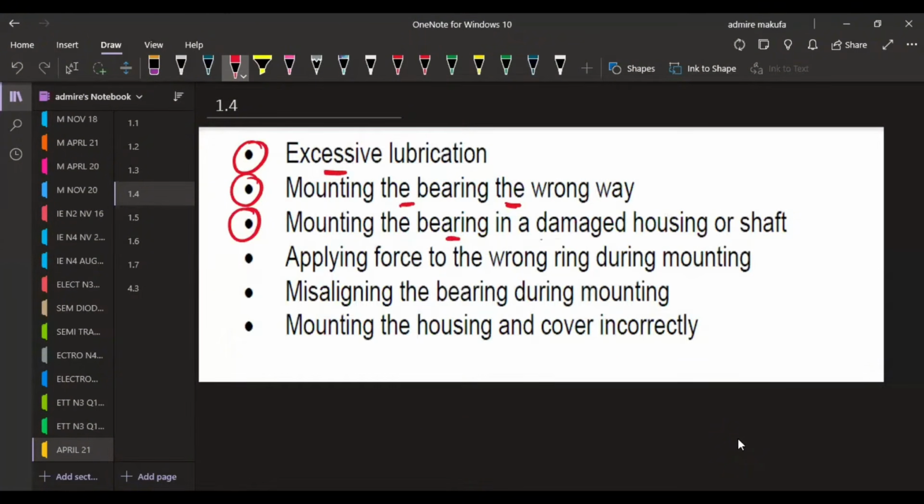Mounting the bearing in a damaged housing or shaft, applying force to the wrong ring during mounting, misaligning the bearing during mounting, and mounting the housing or cover incorrectly. All these can enable our bearing to be damaged. So that was the condition of our question.